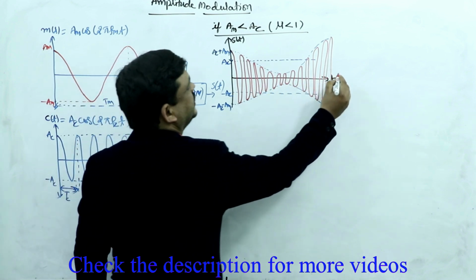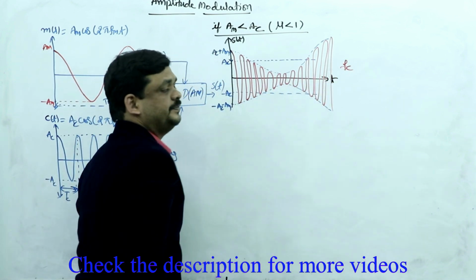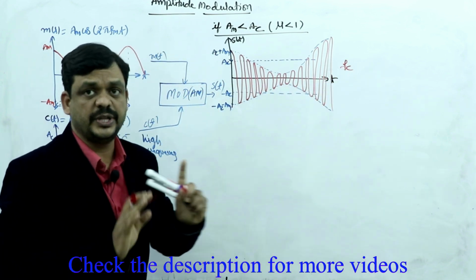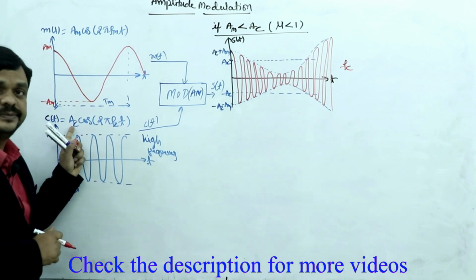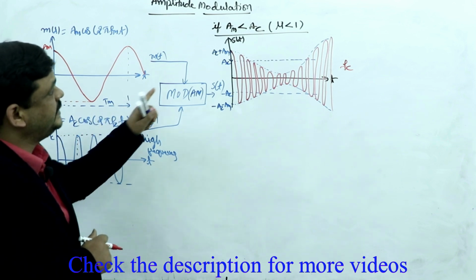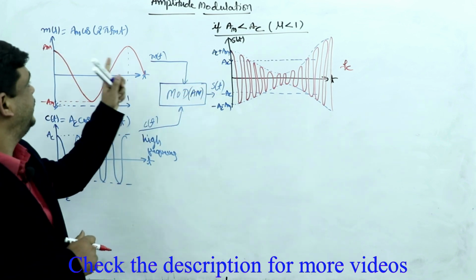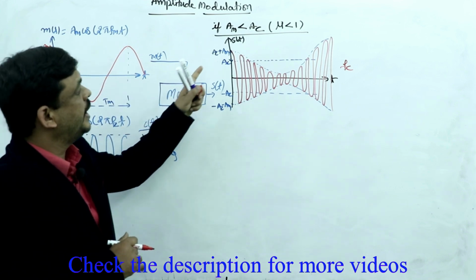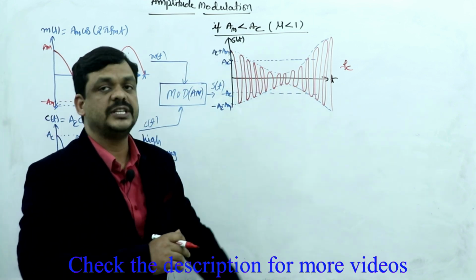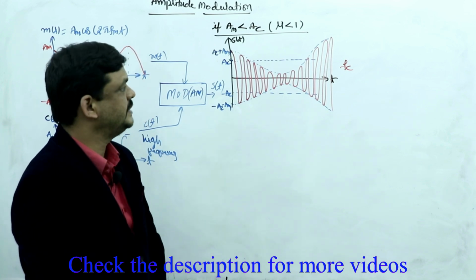What is the frequency of the signal? The frequency of the signal is Fc, so there is no change in frequency. Which parameter changes? AC changes, because of the amplitude of the modulating signal. That's why the amplitude of the carrier signal changes with respect to the amplitude of the modulating signal.